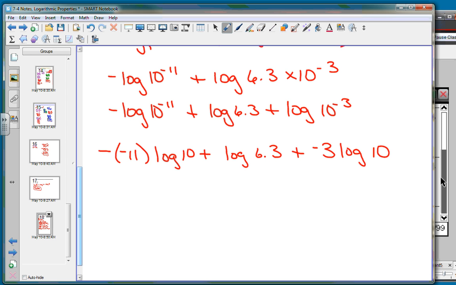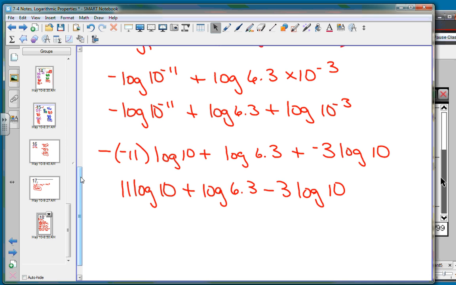Now what's negative times negative 11? Positive 11. Positive 11 log of 10. Okay, now what should you know automatically?